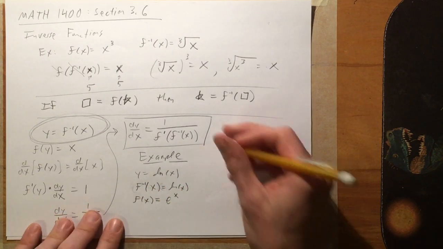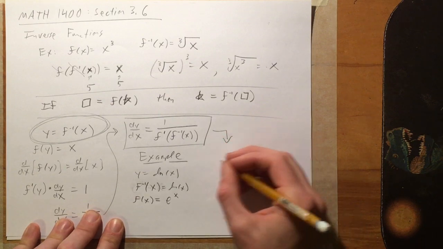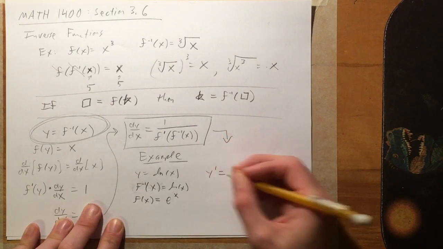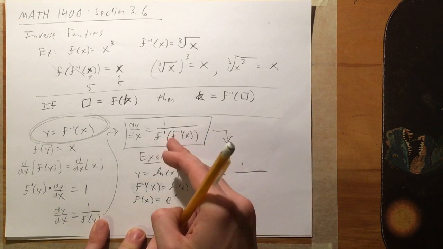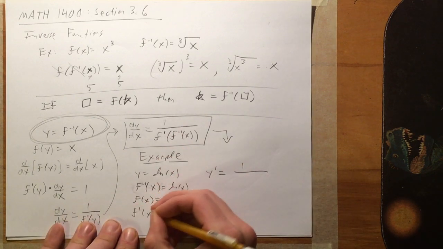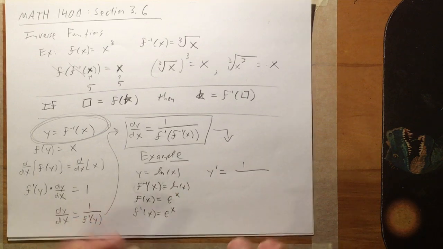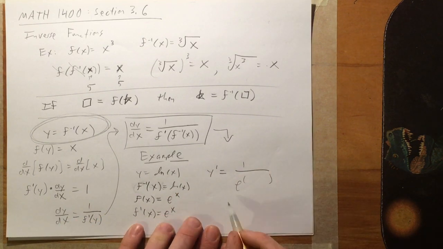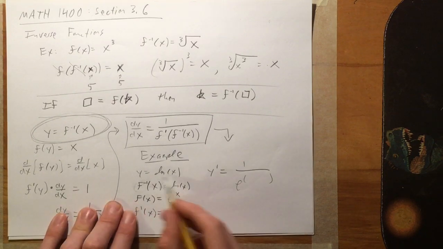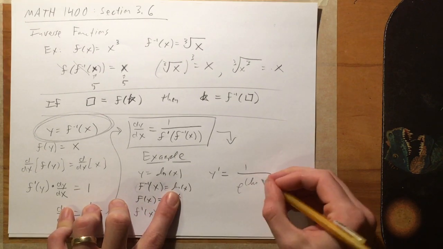So what we're going to do is use this rule for the example and get y prime will be 1 over the derivative of f, which in this case is e to the x, composed with the f inverse, which is the natural log.